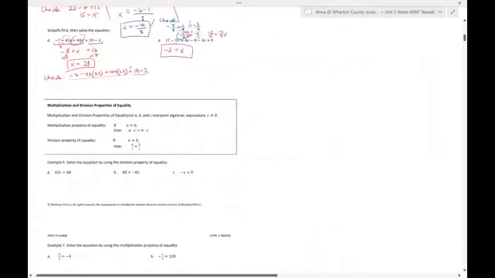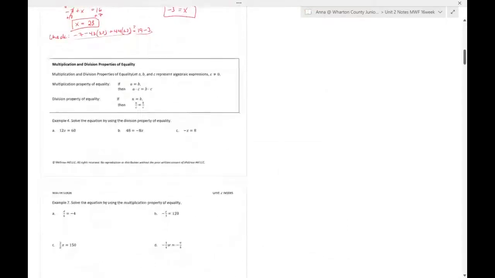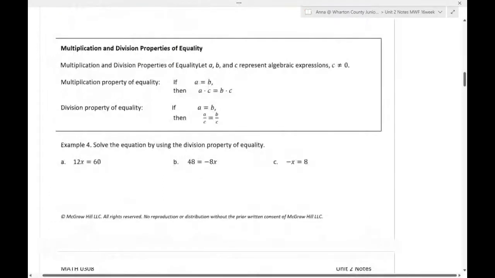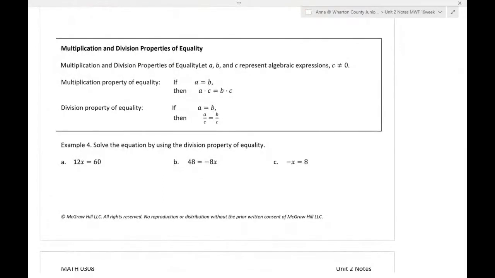The last little bit of this section, okay, is using the same kind of properties for multiplication and division. The only caveat with this is that our C value, or what we're doing to both sides, cannot be equal to 0. But it's essentially the same idea.